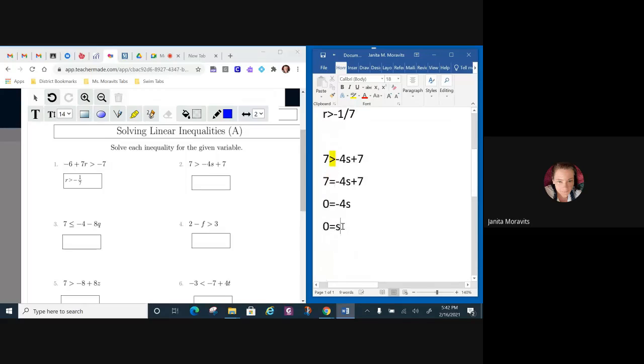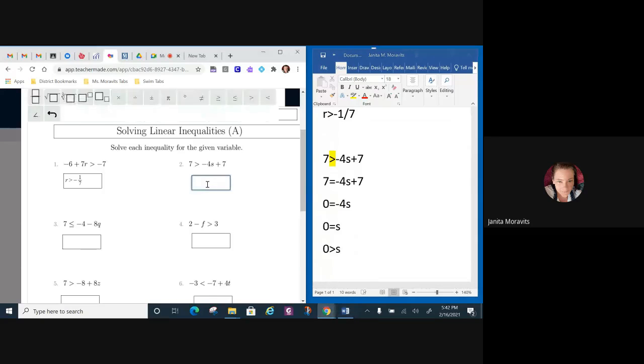So we had a greater than right here. So we're going to replace that with 0 is greater than s, just like that. No, here we go. Our symbol's up here. 0 is greater than s.